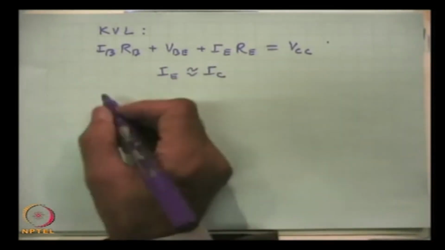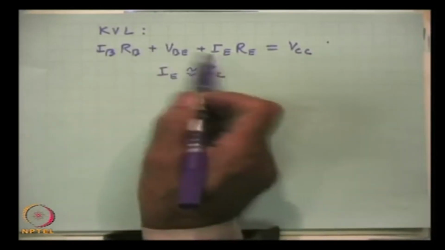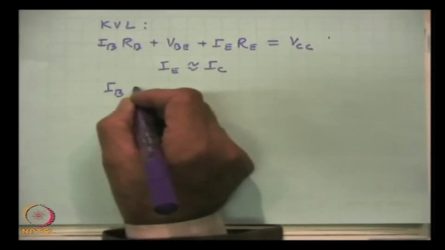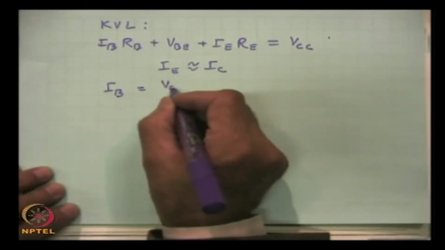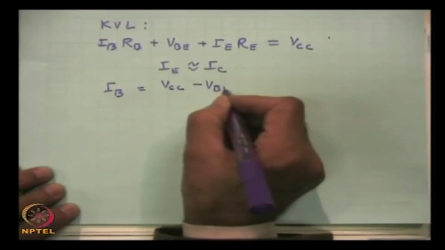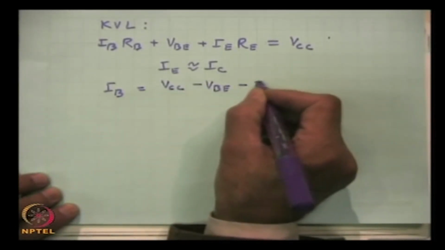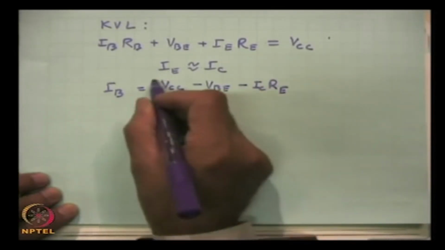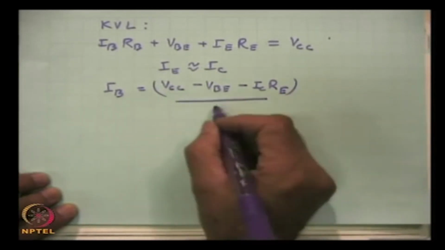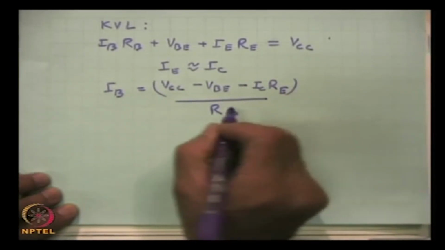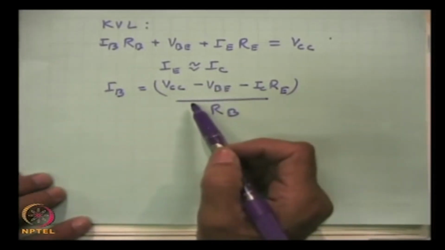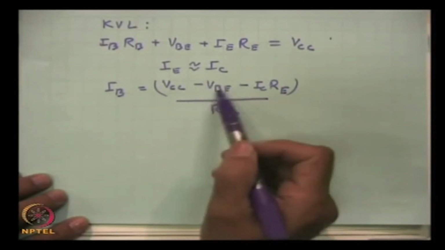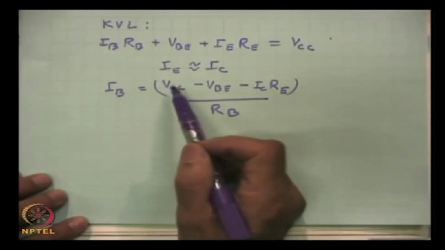So, the expression for IB is IB equal to VCC minus VBE minus IC RC, IE RE, divided by RB.